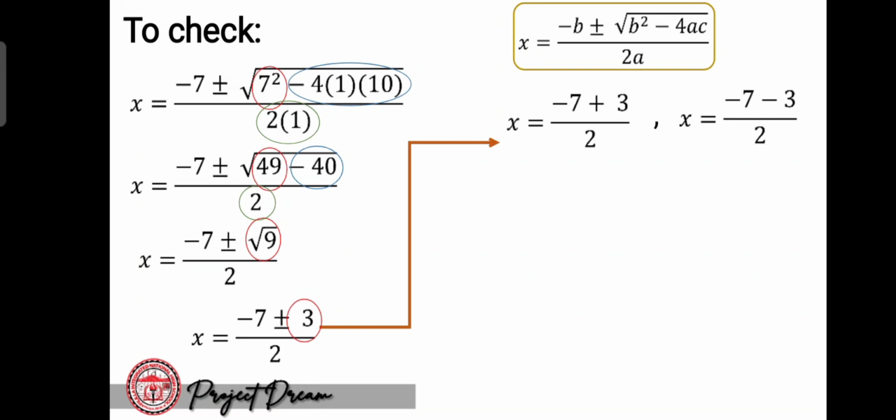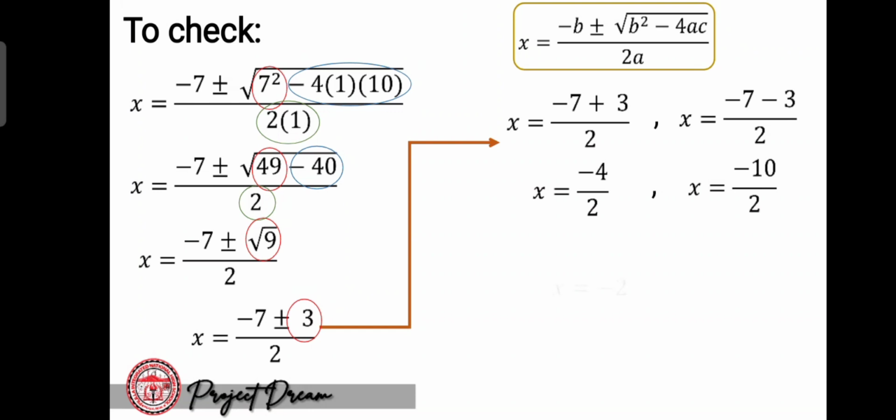Now, let us simplify. We have negative 7 plus 3 is equal to negative 4. Copy the denominator, which is 2, so it becomes over 2. The other one is negative 7 minus 3, which is equal to negative 10, and then copy the denominator, which is 2.